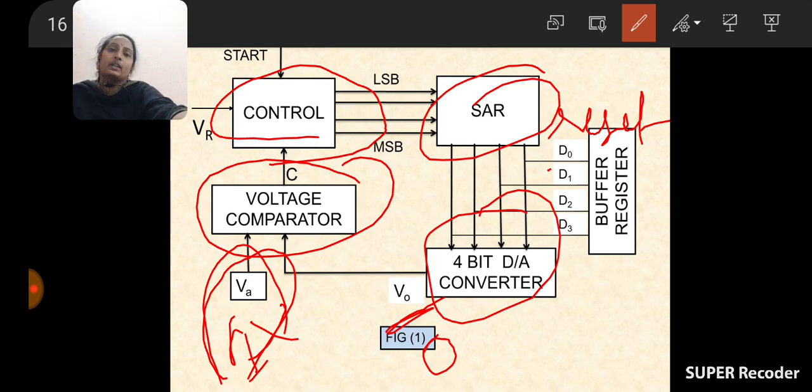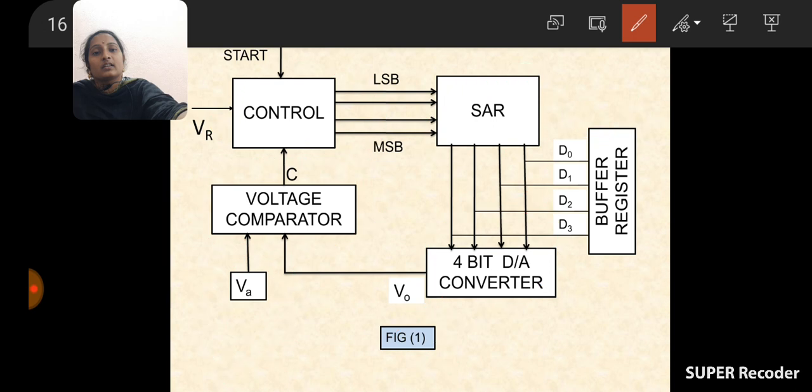Now our comparator will compare VA with V0. If VA is greater than V0, it will produce one pulse to the control. When VA is greater than V0, the voltage comparator will produce a high level pulse to the control.